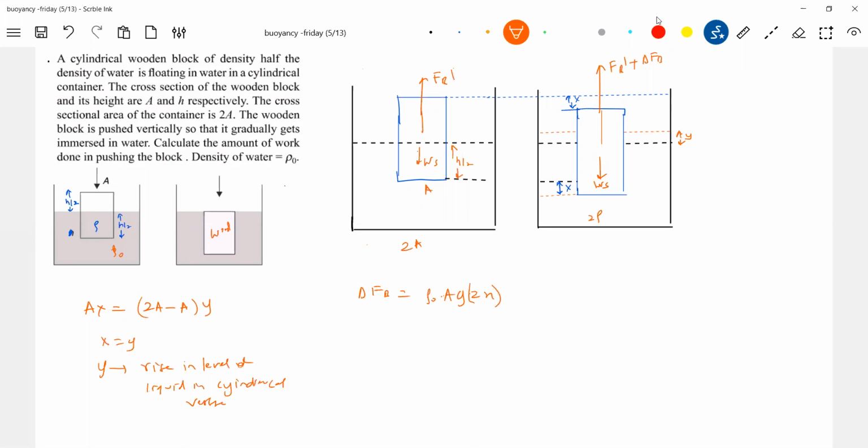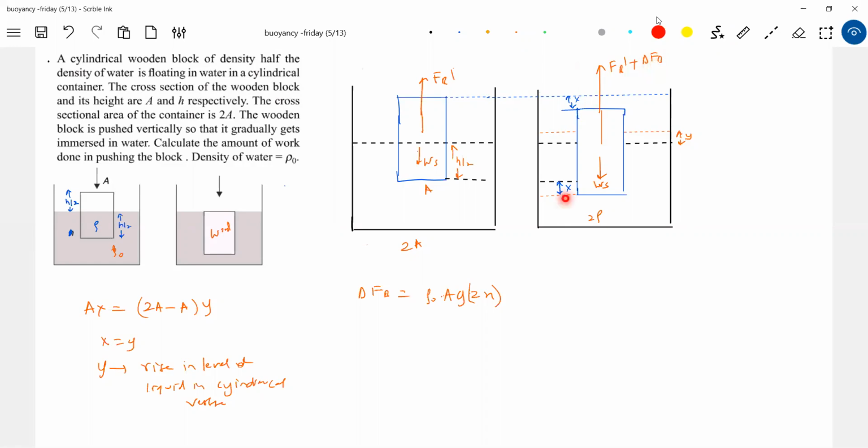What is the work done? Who will push? An external force only. The wooden block is pushed vertically so that it gradually gets immersed in water. Calculate the amount of work done in pushing the block. As I'm pushing the block, what should happen to this delta Fb? It will keep on increasing.